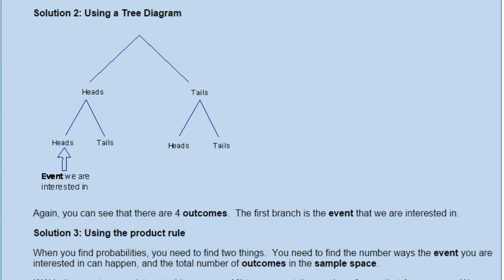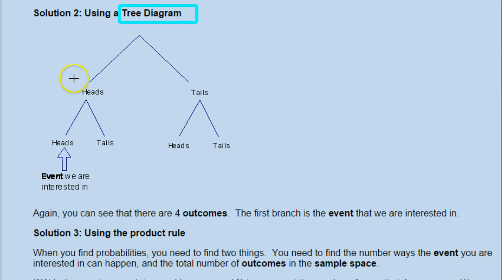Now let's look at the second solution. In this case, we're using a tree diagram. We're quite familiar with tree diagrams with nodes and branches by now. The event that we're interested in was where we had 2 heads. The way to read this tree diagram is to look at the first branch. We've got either a head or a tail for the first coin, and then a head or a tail for the second coin.